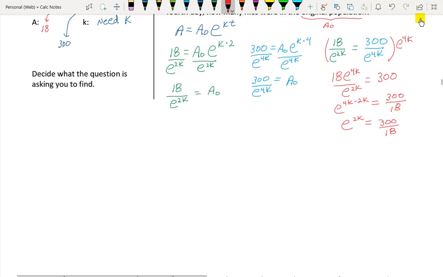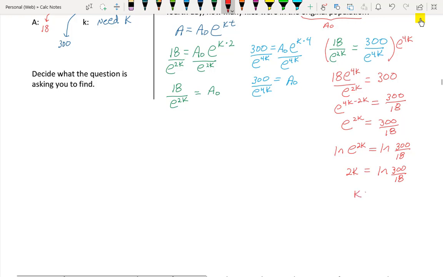All I've got to do now is finish solving for k. So I'm going to log both sides again. The log of e to the 2k is equal to the log of 300 over 18. On the left side, the ln and the e cancel, so that's 2k equals ln of 300 over 18. And then I divide out the 2 on both sides.